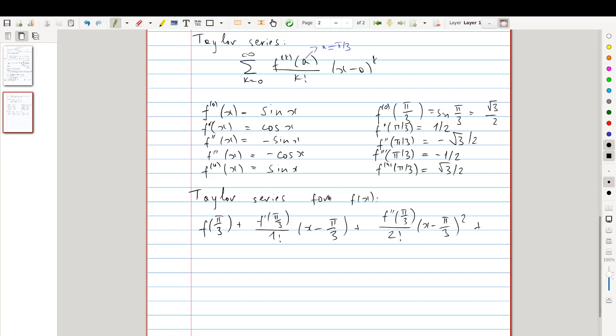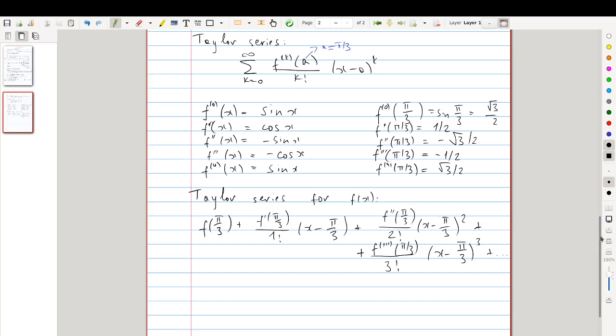Let's write another term, to make the dependence on k clear. Let's write the third derivative at pi over 3. We won't need to write the fourth derivative though, because that repeats the 0th order derivative. Here I have 3 factorial and x minus pi over 3 cubed.